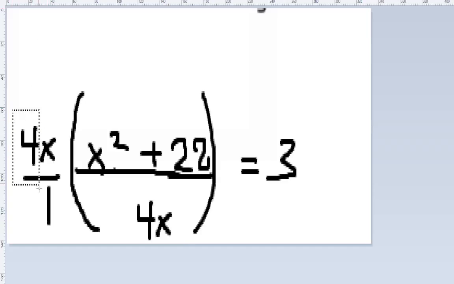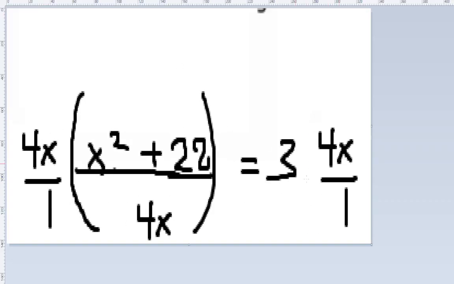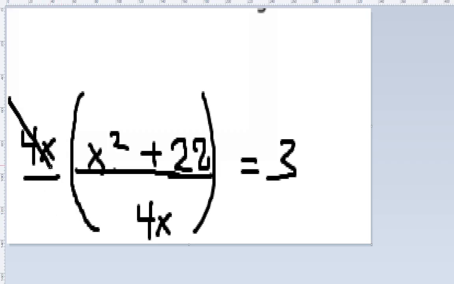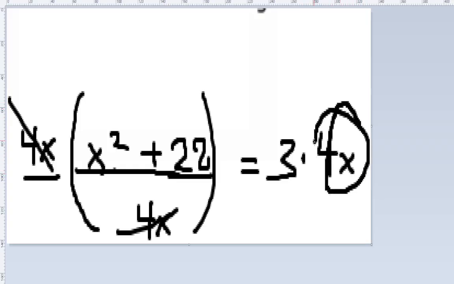The reason it's important to point out that this is a reciprocal is because if this was 3 over 4 here, we'd want to have this format, but it's not. So really I'm just multiplying by 4x. It's canceling out, but if I multiply any left side of an equation, I have to multiply on the right side. This is an important rule to remember. I'll get into this. It's clear that it cancels on the left.